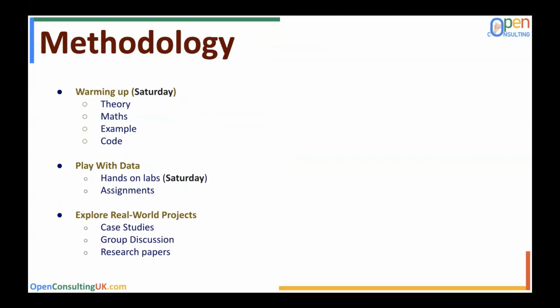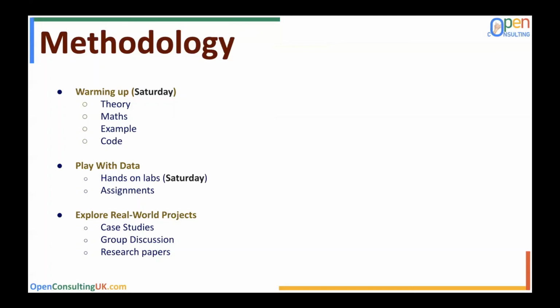This is the methodology which we are planning to use. On Sundays, the classes will be 5 hours. For the last batch, our time was from 7:30 to 12:30. In the class, we'll be discussing theory and the mathematical description of the topics which we cover that week.